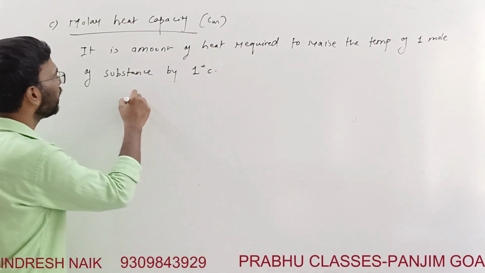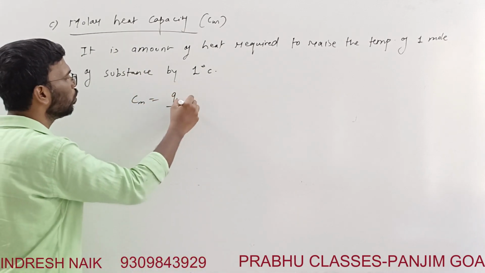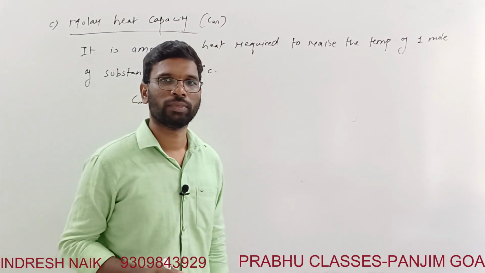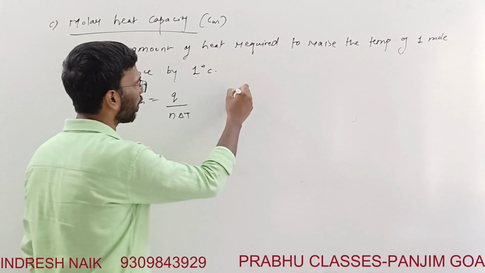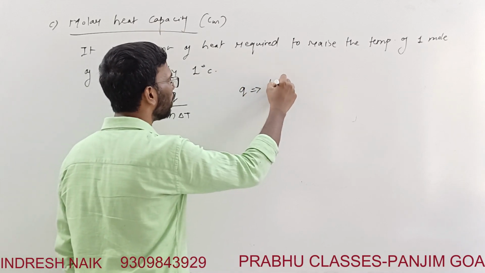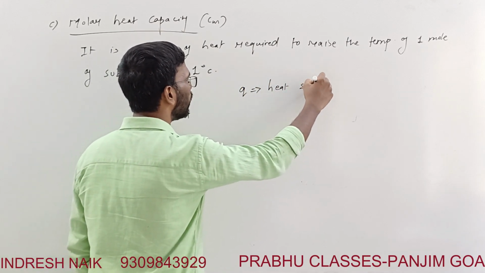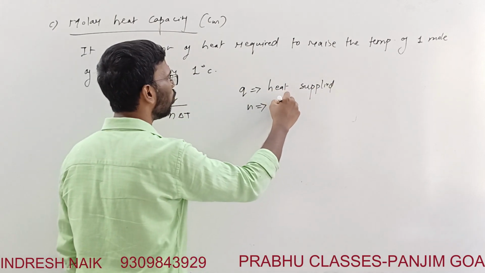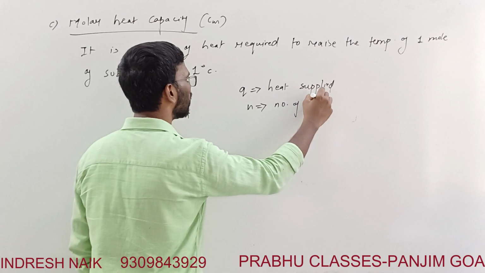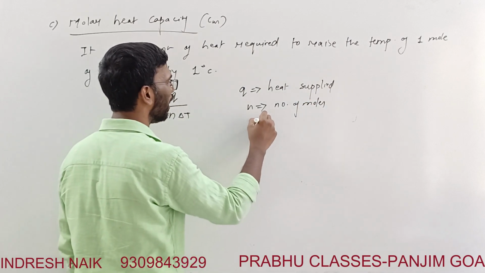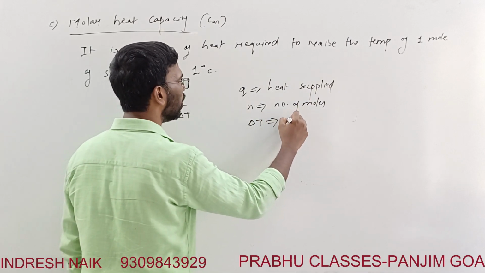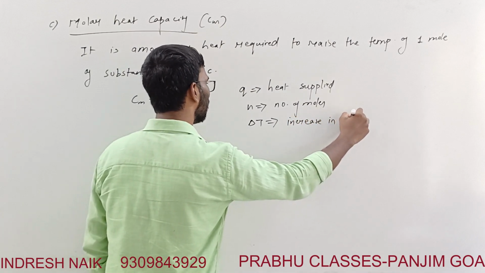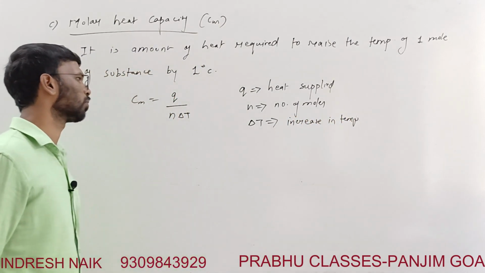So Cm will be equal to Q upon n delta T. Q is heat supplied, n is the number of moles, and delta T is the increase in temperature.